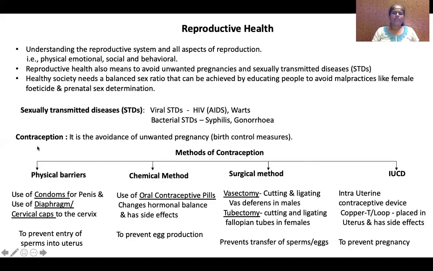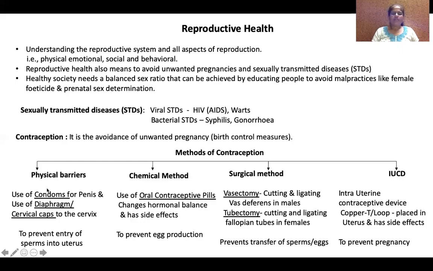That process is called contraception. It is the avoidance of unwanted pregnancies, also called birth control measures. Now, there are four methods of contraception: physical barriers, chemical method, surgical method, and IUCD.